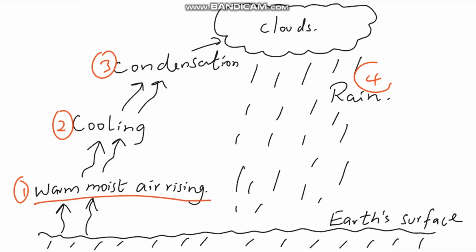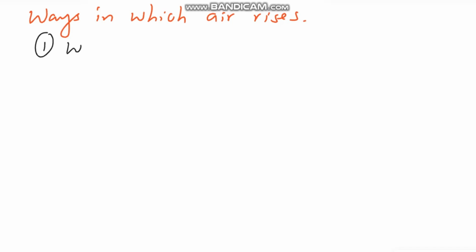Let's focus on the reasons why the air is rising, and this will give us the specific type of rainfall which will be formed. There are 3 main ways in which air may be forced to rise.